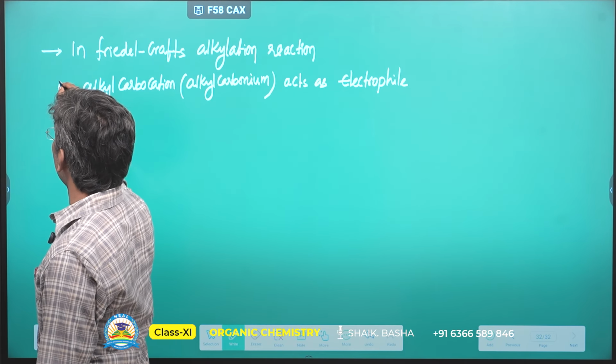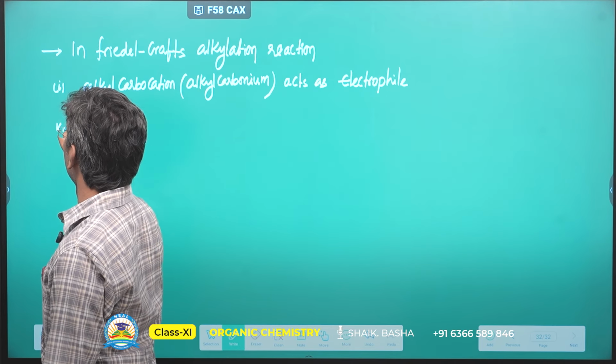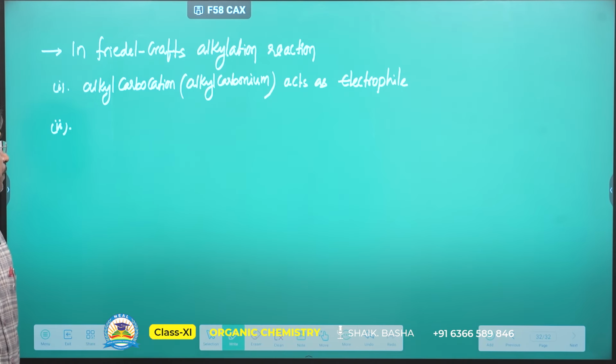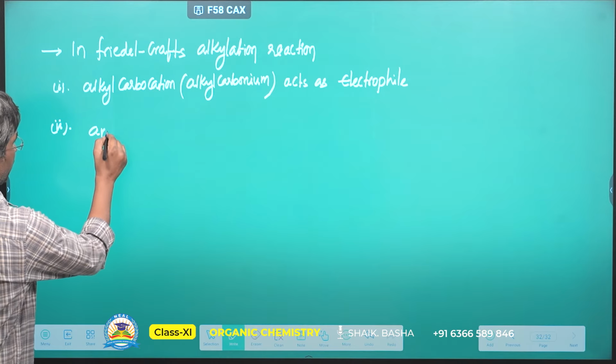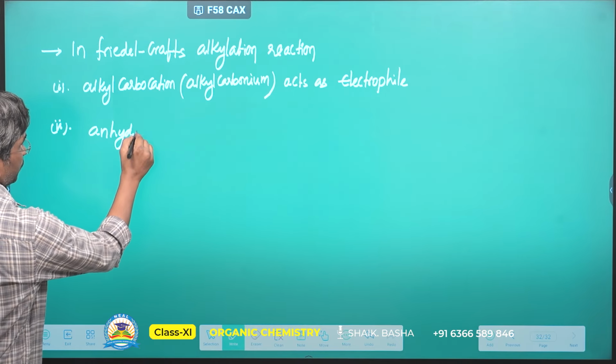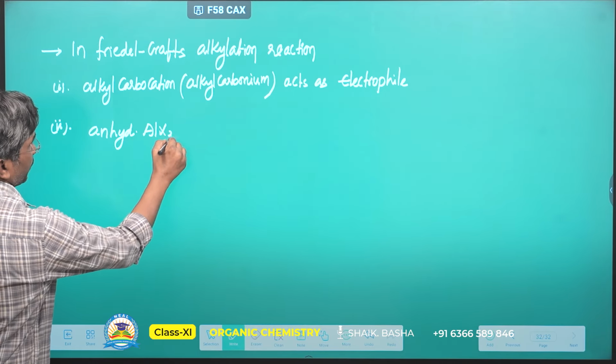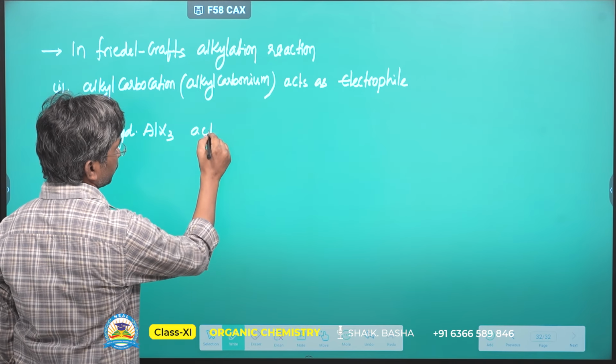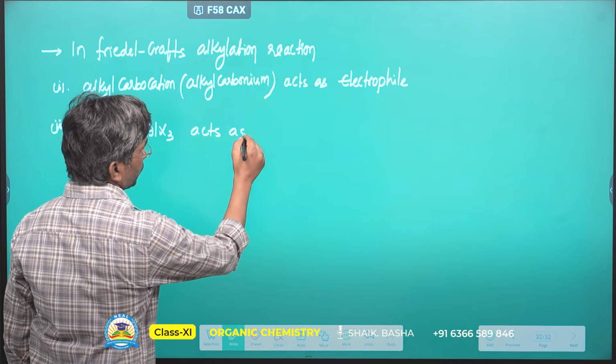In Friedel-Crafts alkylation reaction, anhydrous AlCl3 or AlX3, a Lewis acid, acts as catalyst.